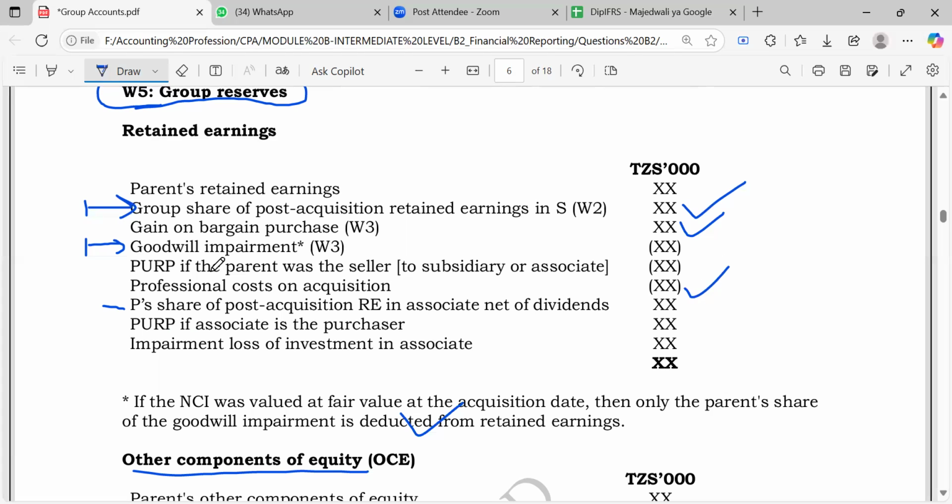Also, provision for unrealized profit if the parent was the seller. If the parent sells goods to someone in the same group, and at the end of the period those goods have not been sold out of the group, it means the parent got a profit, which is wrong. So it has to eliminate that profit. That's why you would put the provision for unrealized profit here.